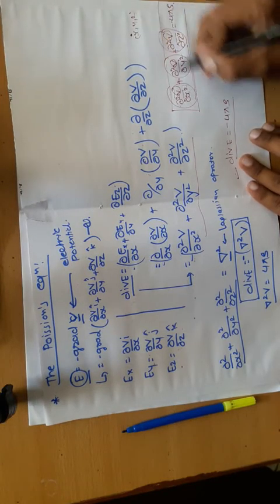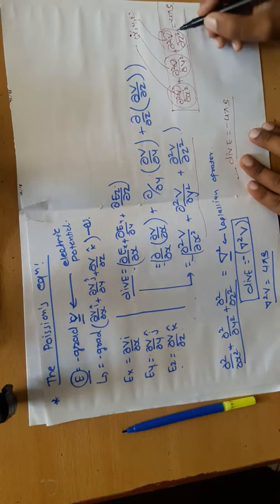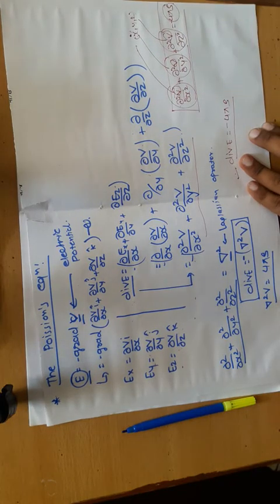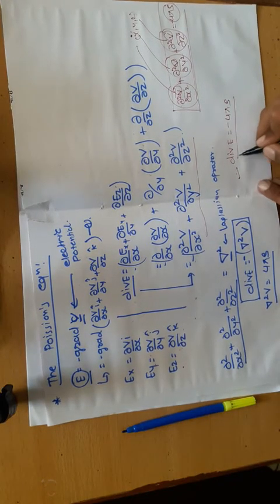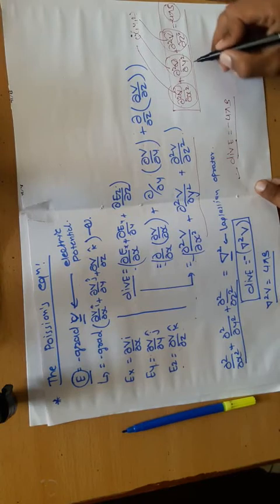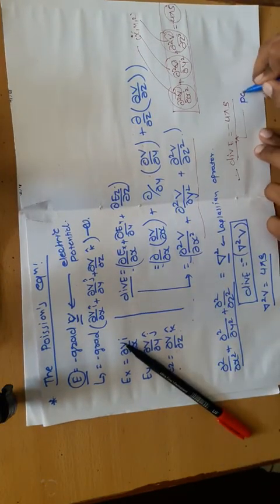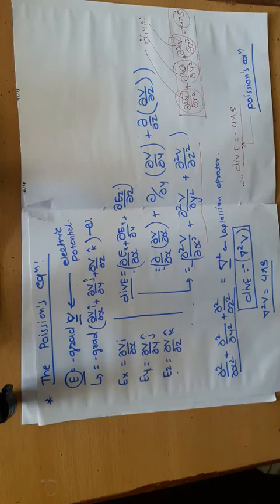So when I sum up the x component, y and z component, I will get the divergence of E, or I will get the total electric potential at that point. So this equation is called Poisson's equation. Okay, so it is the Poisson's equation.